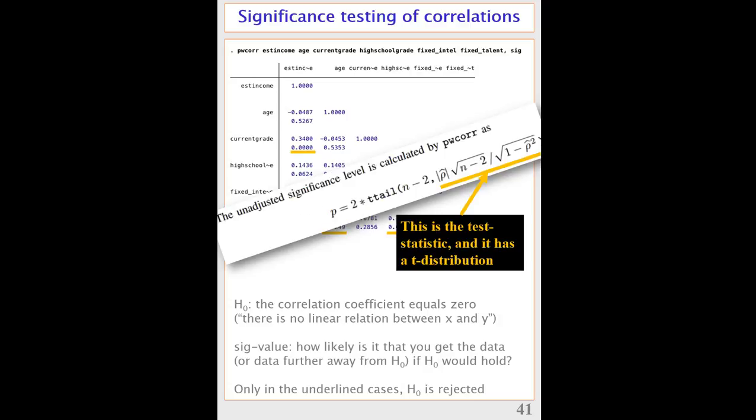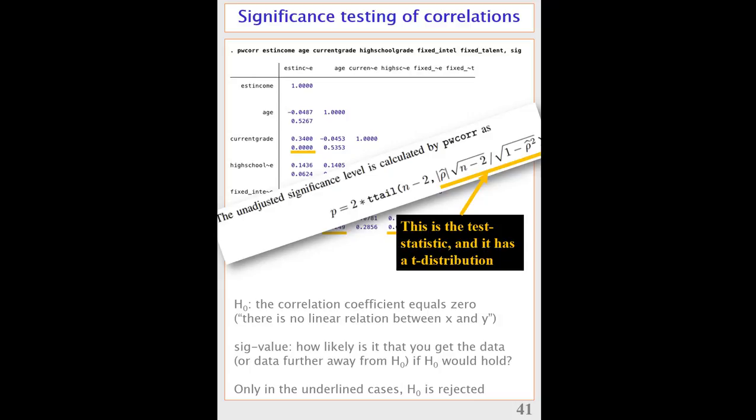This thing over here is the correlation, this is the number of cases in the sample, and this is the correlation once again. We're not going into the details of why that is actually working, but this is the test statistic that is being used. It has a known distribution, and that will give us in the end the significance values, and there, and there, and there. So we get every once in a while that H0 is rejected, and for several cases we also get that it is not.